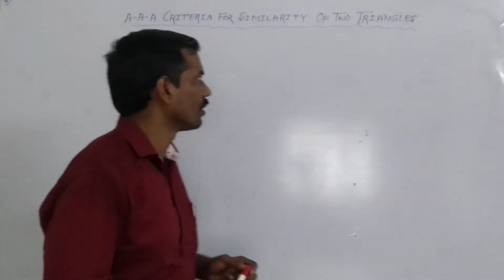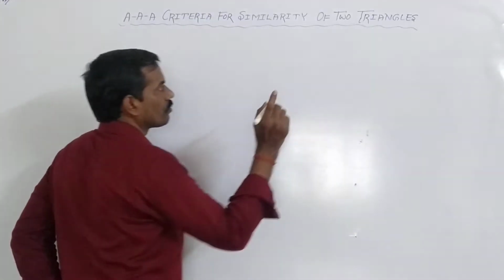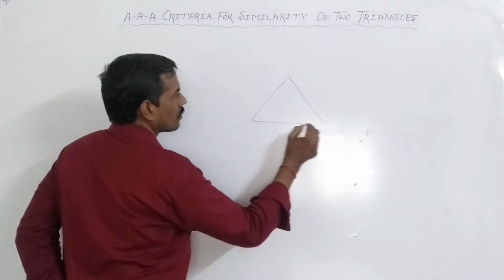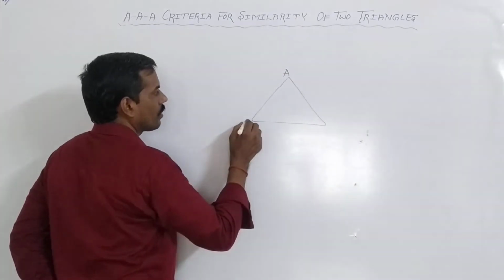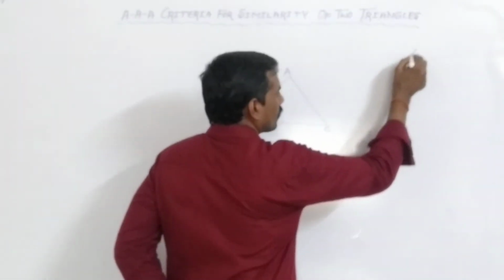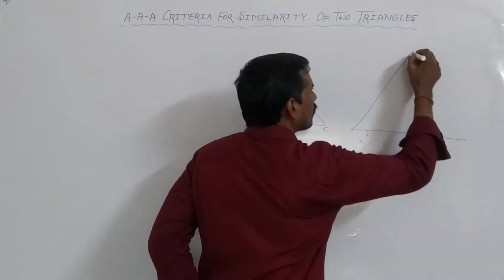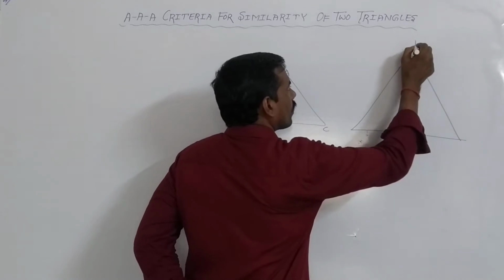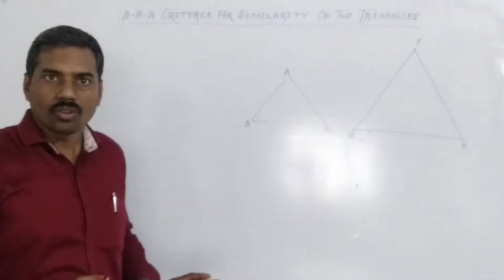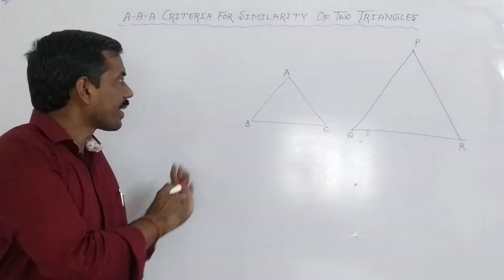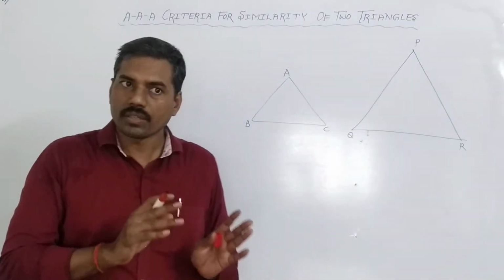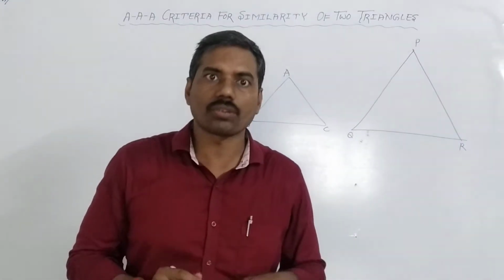Students, please see carefully. We are given two triangles: triangle ABC and the second triangle, triangle PQR. In triangle ABC and triangle PQR, their corresponding angles are congruent.